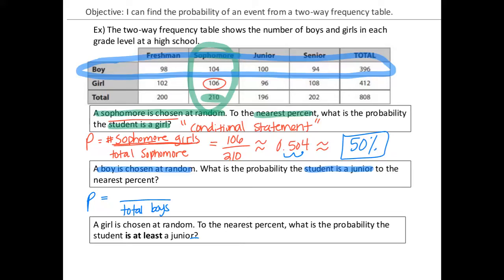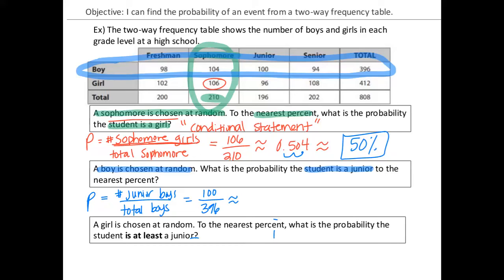What's the probability that the student is a junior? So for my numerator here, this is going to be the number of junior boys. So how many juniors are boys? 100 over, what's my total for boys? 396. And you guys are going to divide that to 3 decimal places.